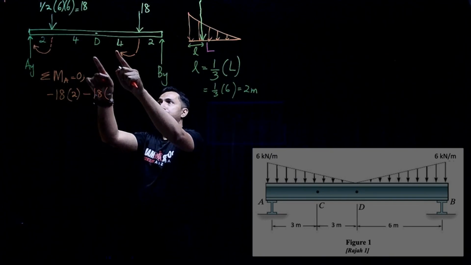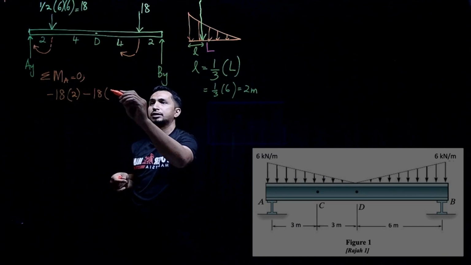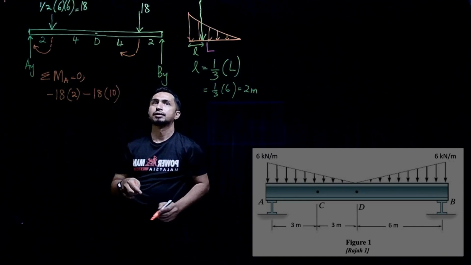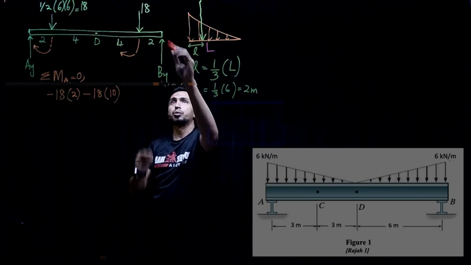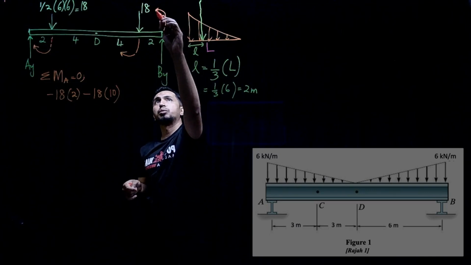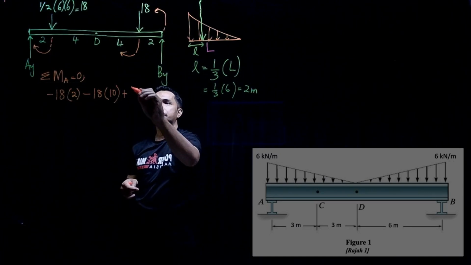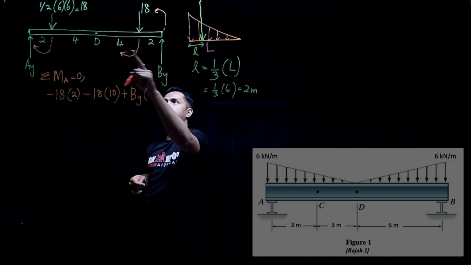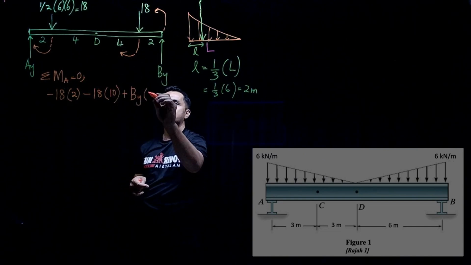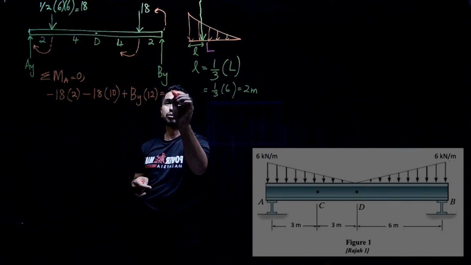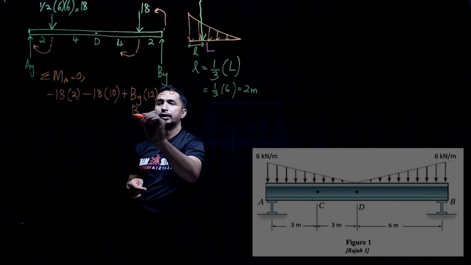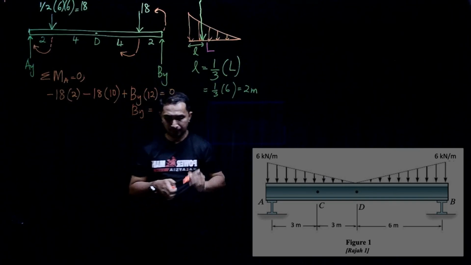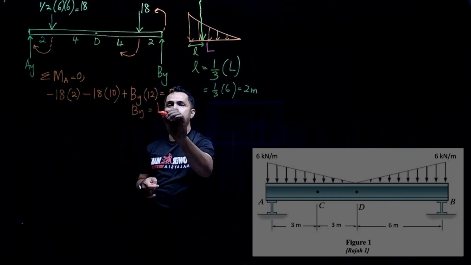But now the distance is 4 plus 4 plus 2, which is 10. And the last one, BY going up, counterclockwise about point A, plus BY times 2 plus 4 plus 4 plus 2, which is 12, equal to 0. Then BY equals 18 kilonewton.